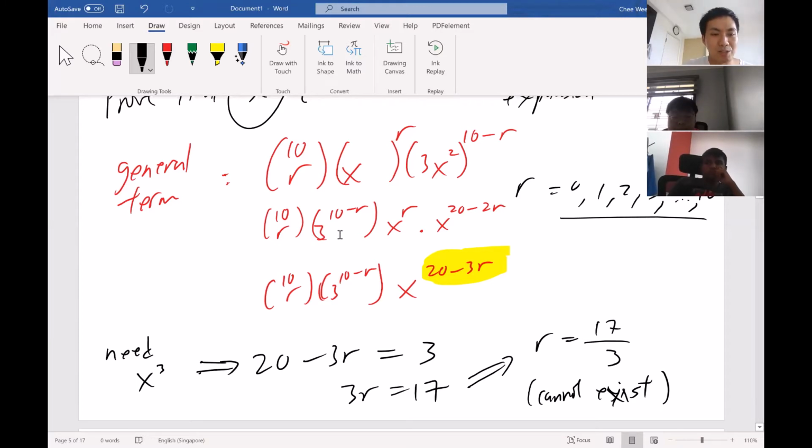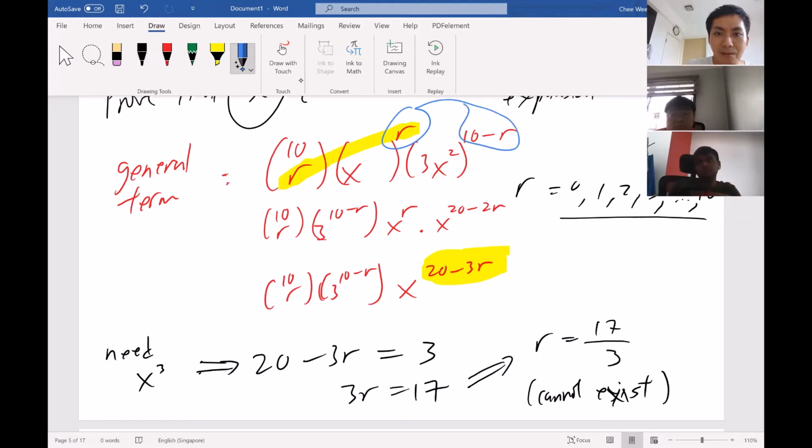Notice that in my situation here, I let my x here follow this guy here, okay? Could you have done it the other way around? That means you let x be 3x squared and 10 minus r be x, okay? That means you swap the powers between these two guys. If you choose to swap the powers, you will have the same result.